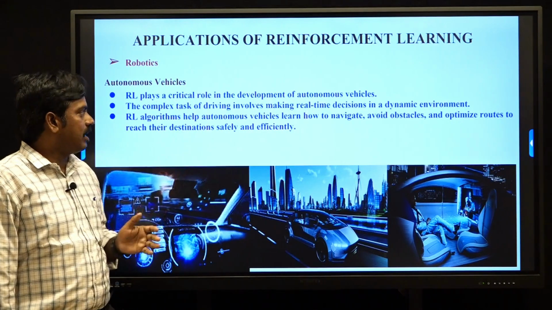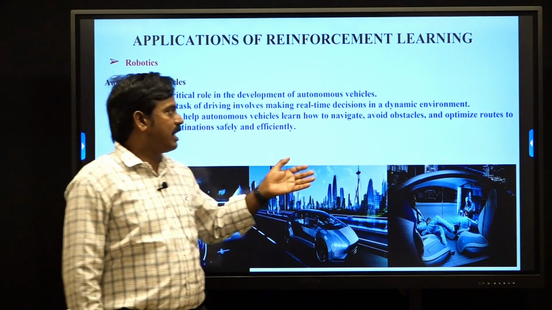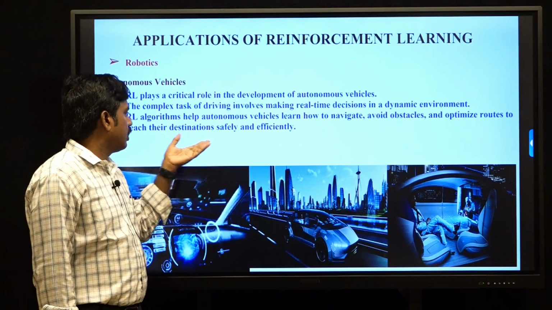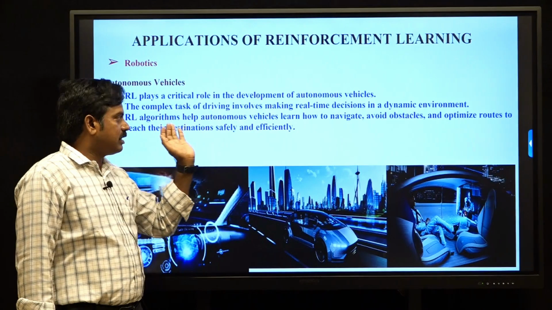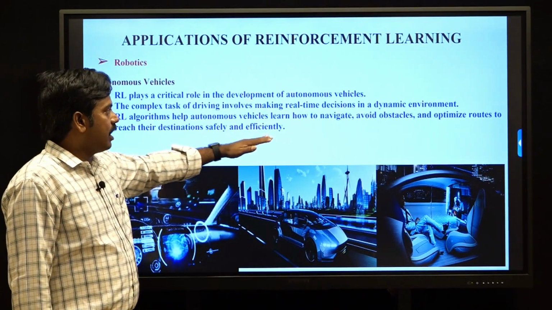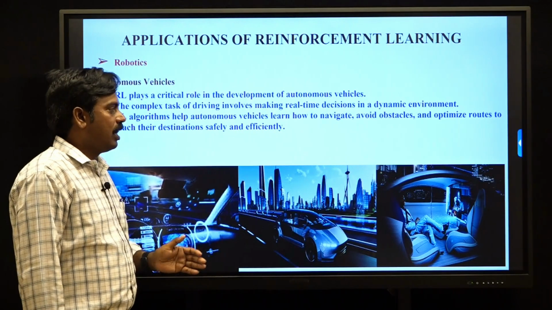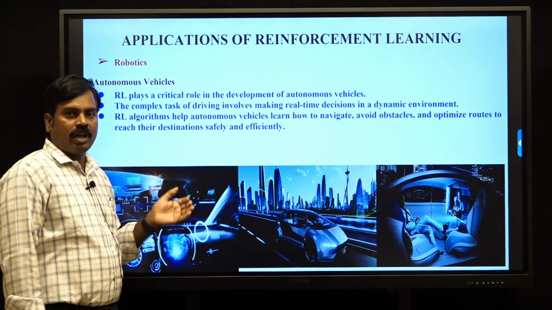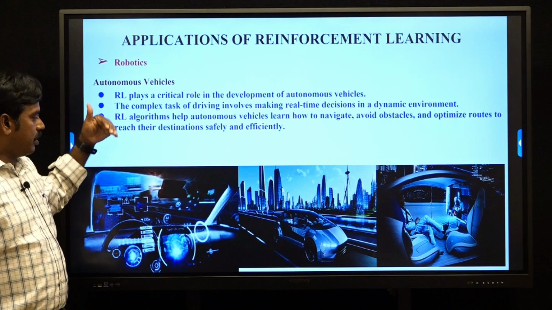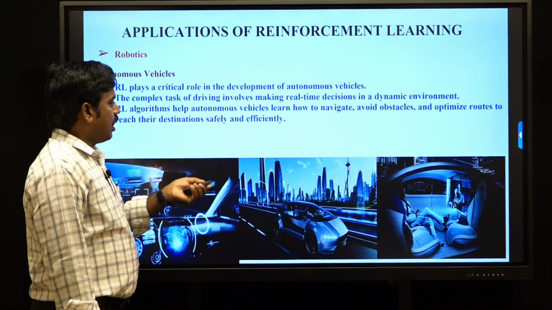With reinforcement learning, autonomous vehicles learn to navigate, avoid obstacles, and optimize routes to reach the destination safely and efficiently. This is done in a simulation environment and then moved into real-world scenarios.